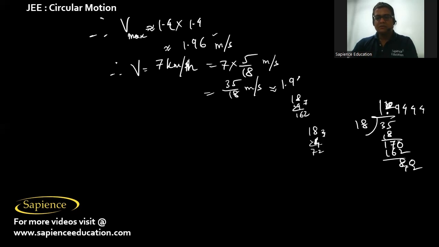So it is 1.9444 meter per second. So therefore, the given speed of the cyclist is obviously less than the maximum safe speed.